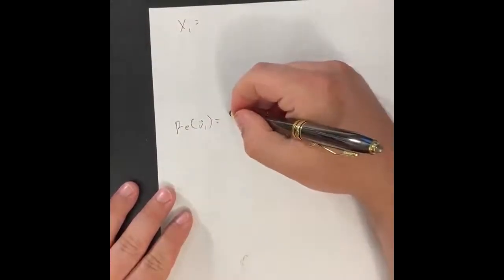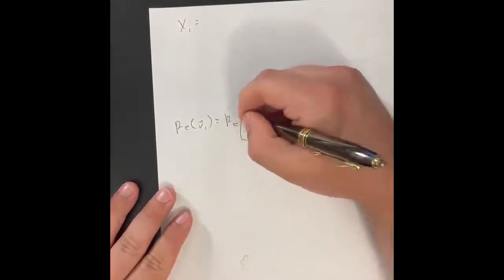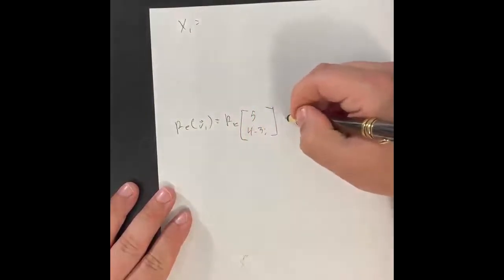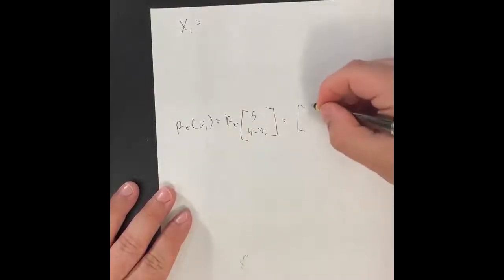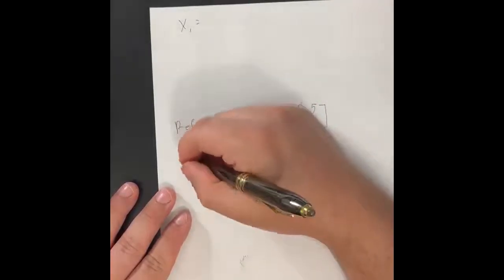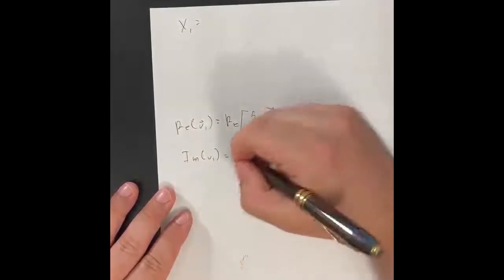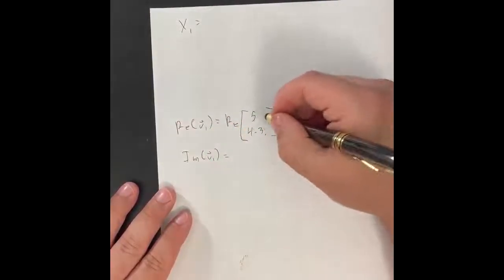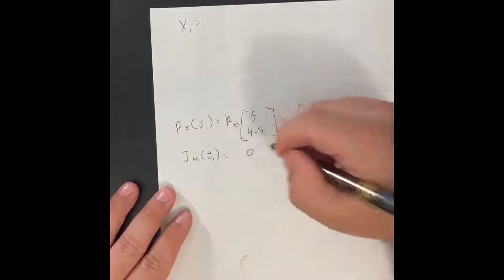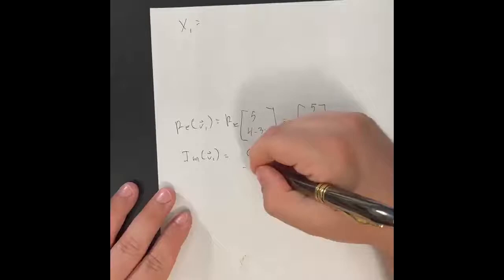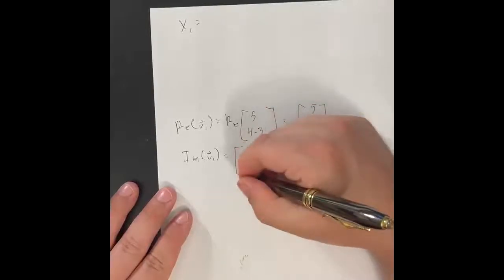So the real part of this vector, (5, 4 - 3i), is the vector (5, 4). And the imaginary part of that is, there's no imaginary part in the first term, so it's 0, and then we have minus 3 in the second term.